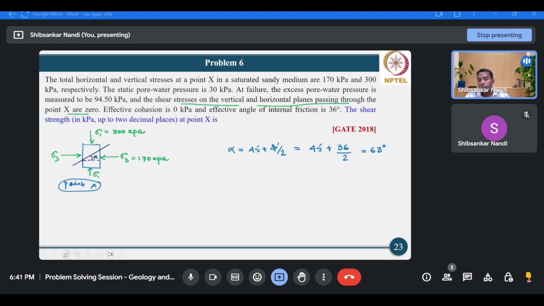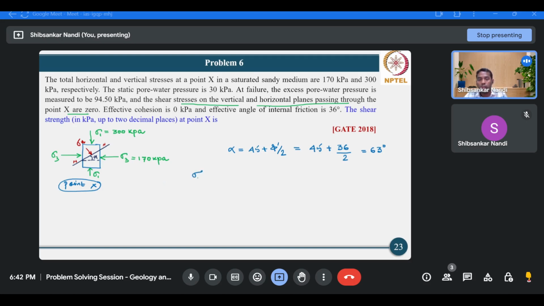Now the next step, we have to calculate the sigma n, and this sigma n would be the normal stress which is acting on this plane mn, that is on the failure plane. Now how can we calculate this sigma n? We can calculate it based on the concept of stress transformation.